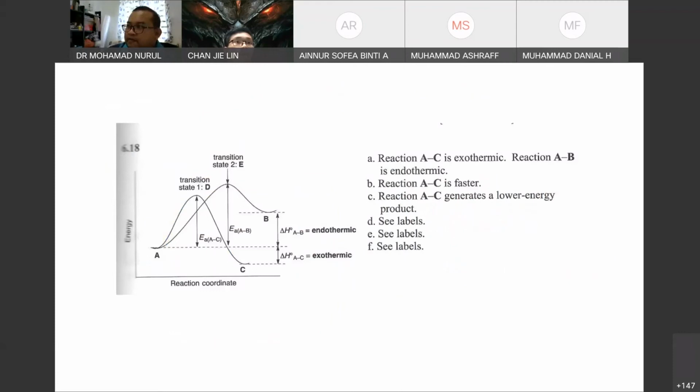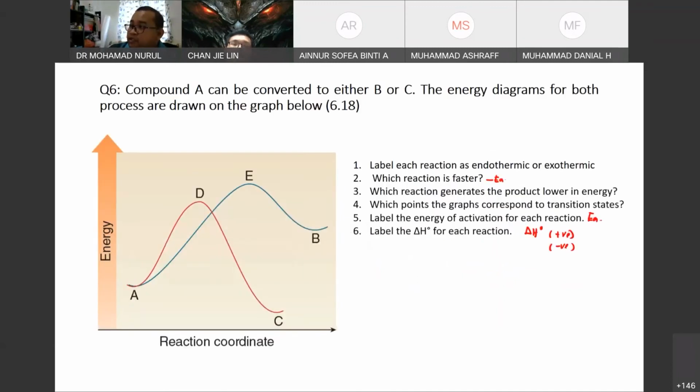Okay, first A and C is exothermic because you have to see the delta H value overall. So for A and B, you have to see the delta H values, whether they are positive or negative. Okay, so we will see for the B, what's the question?